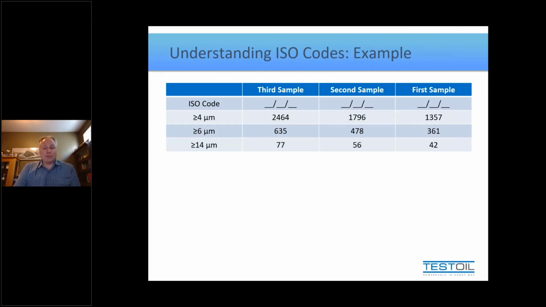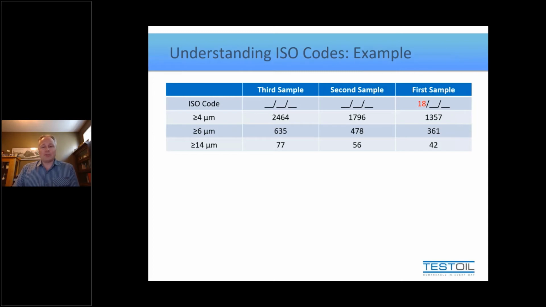If we code these results, we level the playing field in a way that's a bit easier to interpret. So let me show you. Using the previous table, you can look up these particle counts and see what code they represent. Let me show you the first sample. If I look at the first sample results, it's 1,357 particles. Well, that is in the range of 1,300 to 2,500, which according to the previous table would be an ISO code of 18.